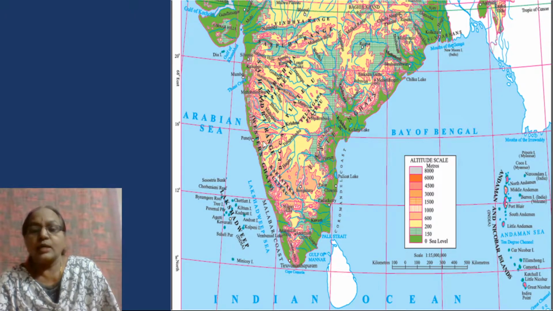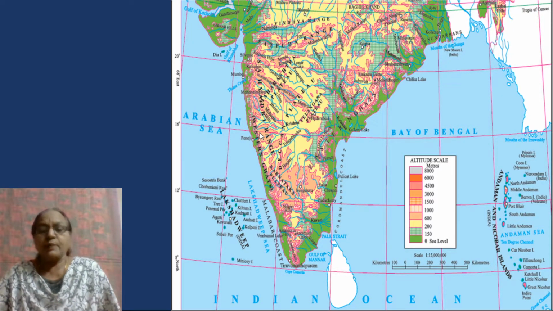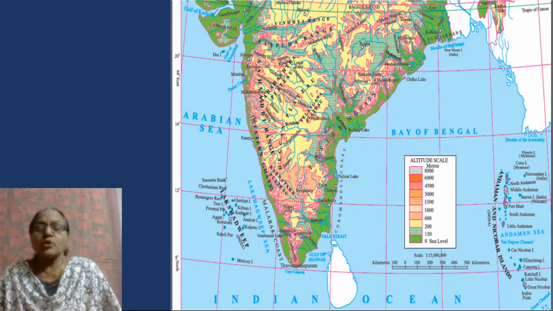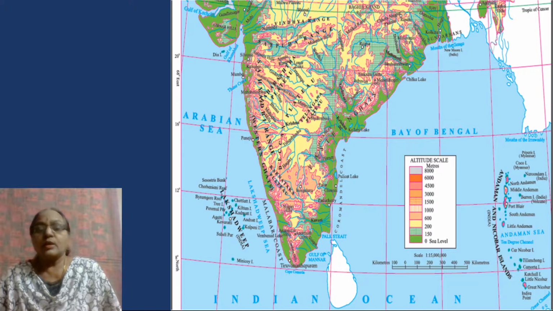Then what about the rivers? Many rivers which rise in the Western Ghats are short and swift, and those which open into the Arabian Sea do not form deltas, but they form estuaries.